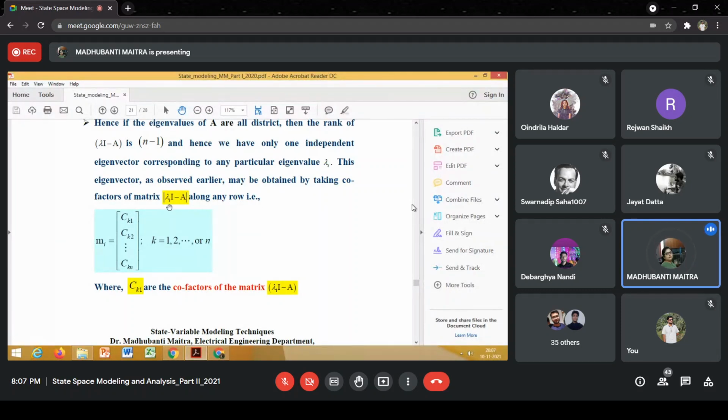Remember F, here F is lambda I minus A. So taking the cofactor of this matrix along a particular row, M i will be C k1, C k2, C kn, where k can assume values 1, 2 up to n.